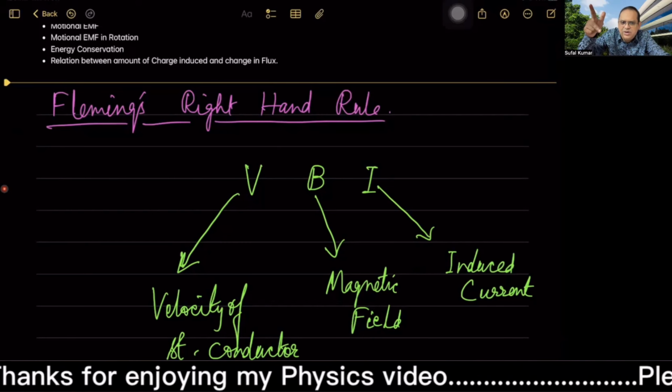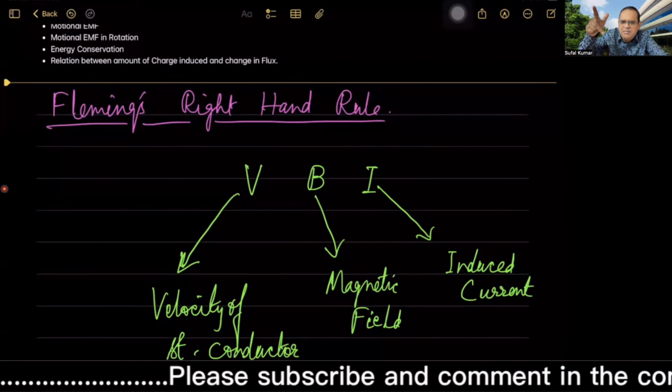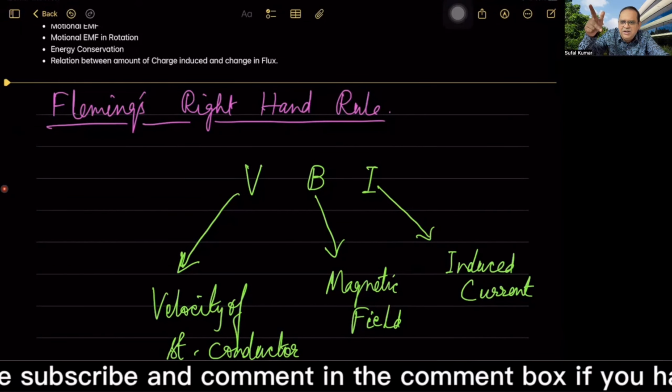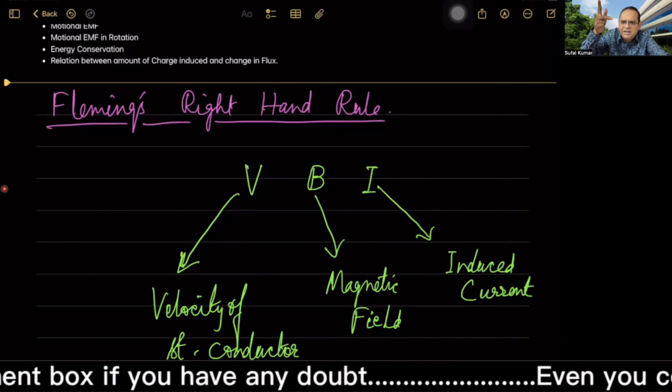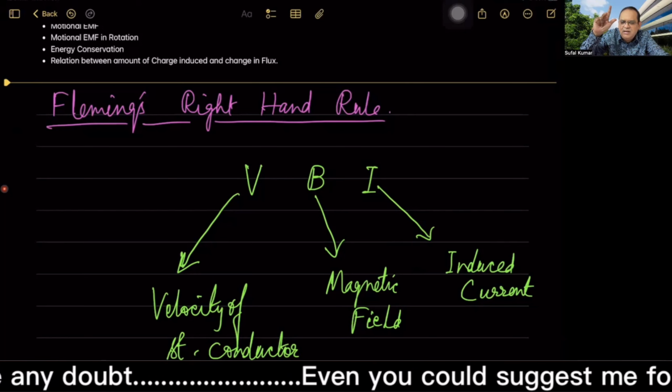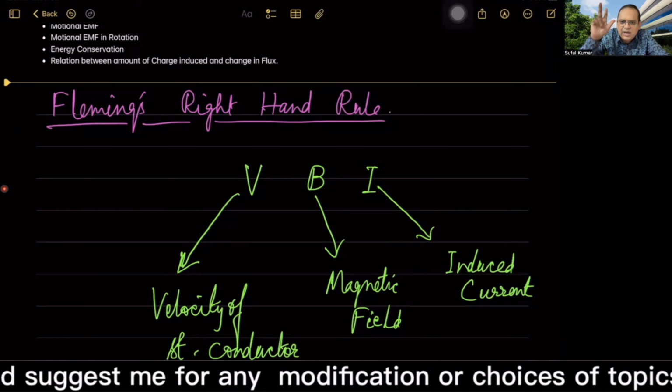Then the velocity of the straight conductor should be along the thumb, the magnetic field along the index finger, and the middle finger along which the induced current is located.